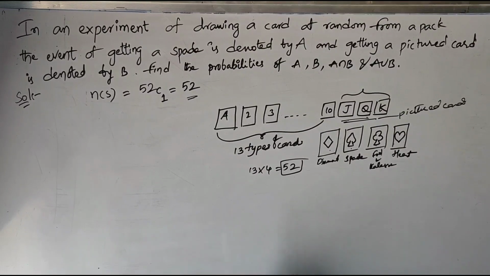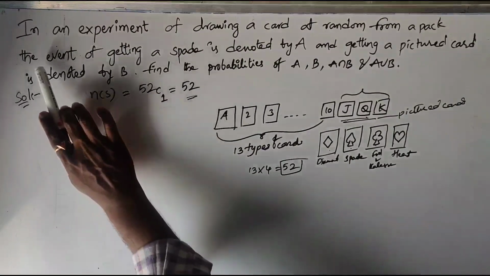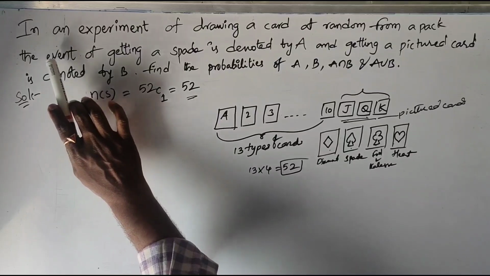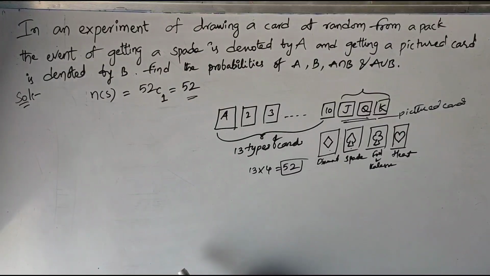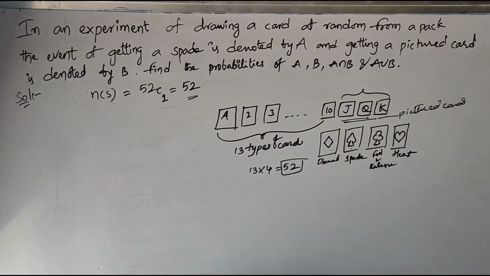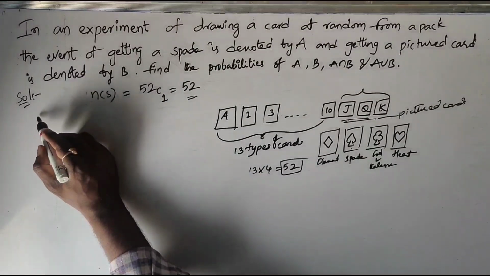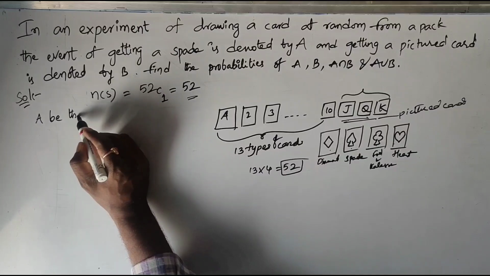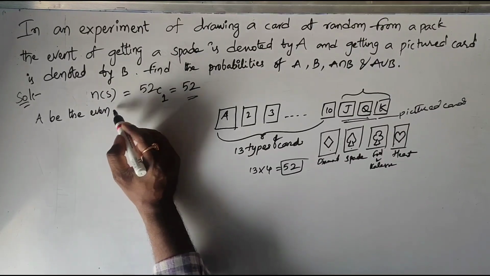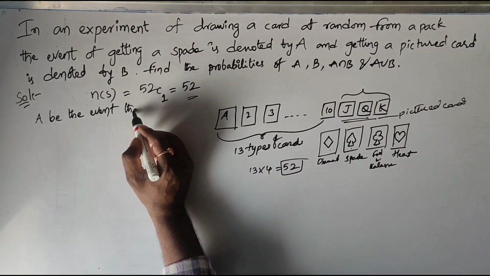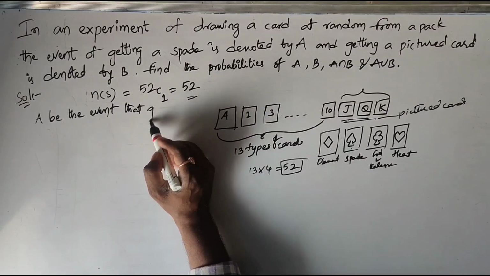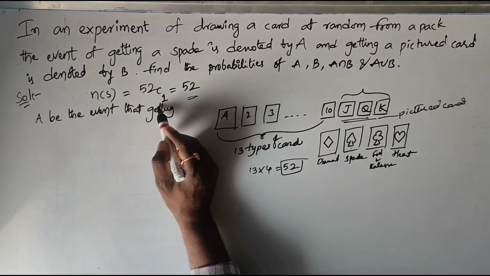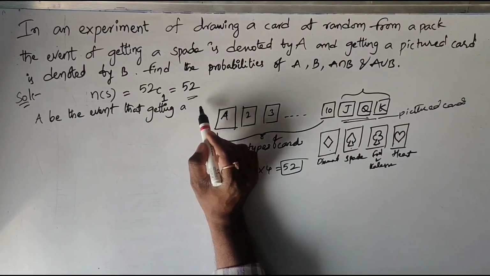Now the given problem: the event of getting a spade is denoted by A. So by the given condition we write here: A be the event that getting a spade.